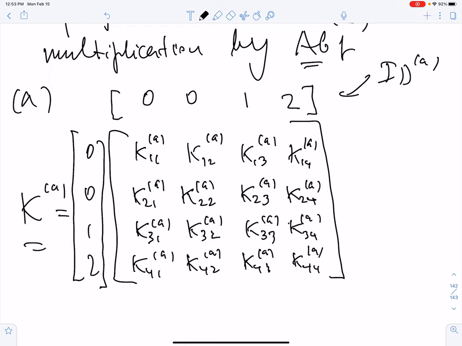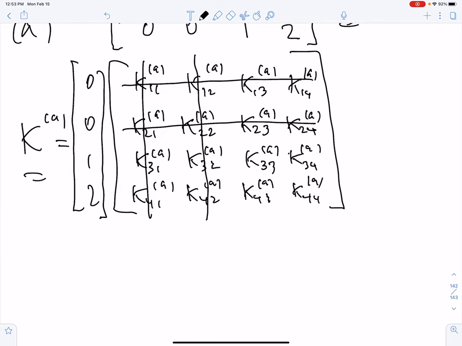KFF only couples free degrees of freedom, and so we can safely get rid of them. In our mind, we can cross it out like this. So these entries will not participate in the direct stiffness assembly, which leaves us this block in the bottom.